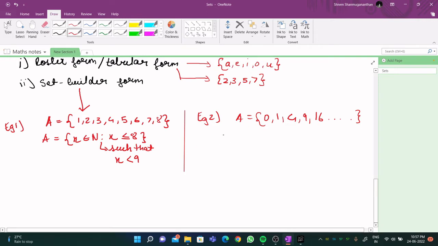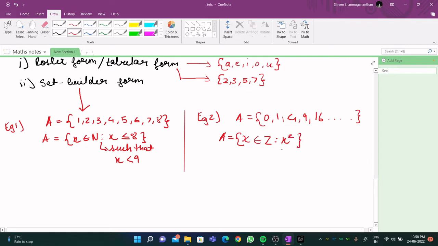Okay, so now that we have got that out of the way, the set builder form of writing this would be A is equal to, like we saw earlier, x belongs to a natural number. So again, we have to define what x would be. But here we have 0 as well. So this will be x belongs to integers, right? Such that x square.